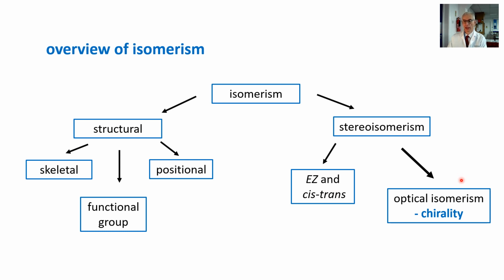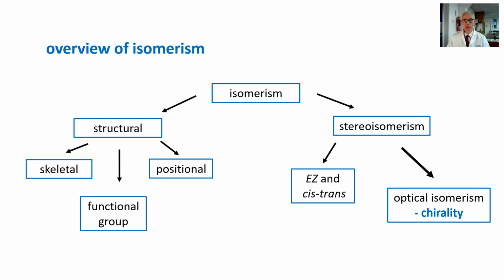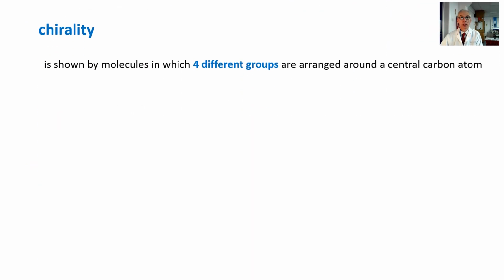So again, stereoisomers have the same structural formulas, the same molecular formulas, but a different relationship in three-dimensional space. Chirality is shown by carbon atoms which are bonded to 4 different groups.